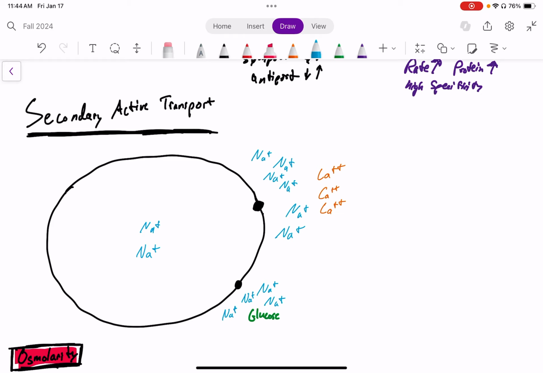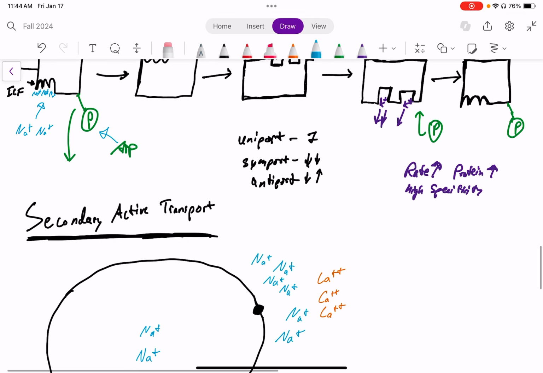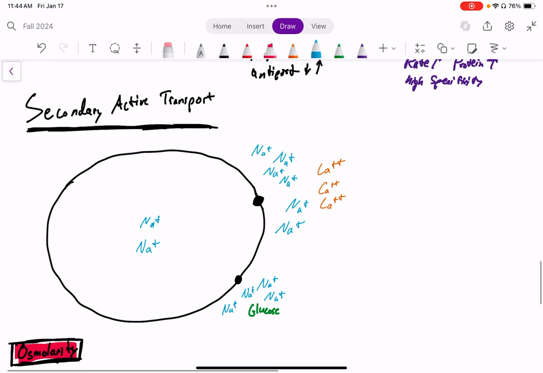And this is because of the primary active transport, the sodium potassium pump that made that happen. Now, secondary active transport uses this concentration gradient that sodium now has, and it uses that potential energy to pull other particles against their concentration gradient.